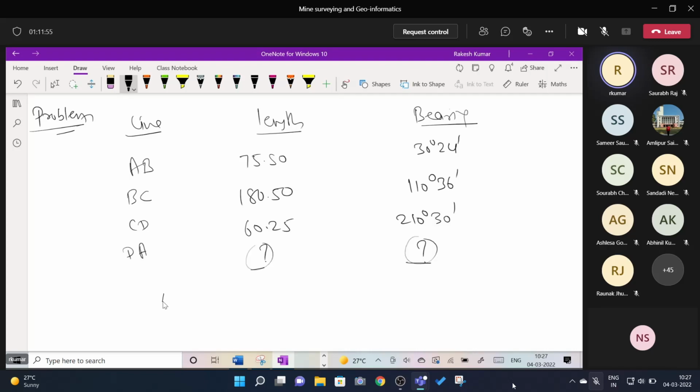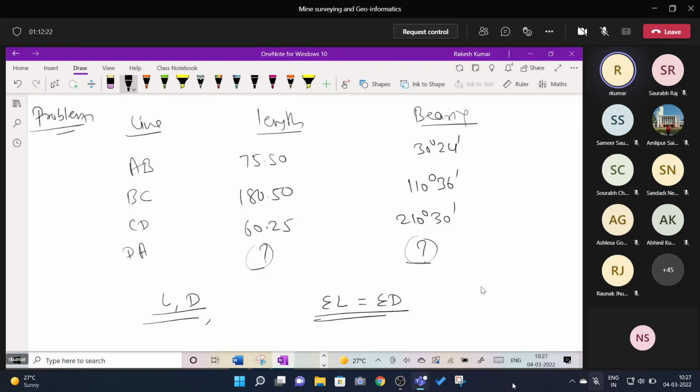Apply the concept of latitude and departure. Always remember the concept: if there is a closed traverse with no error, then your summation of latitude and summation of departure should be zero. By this concept, you have to find the length and bearing of DA. If you see other books, it is called the omitted measurement in the traverse.